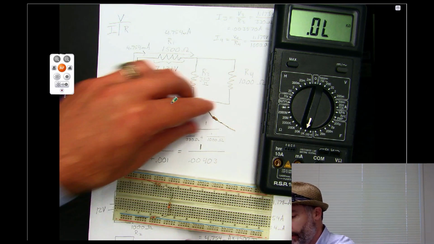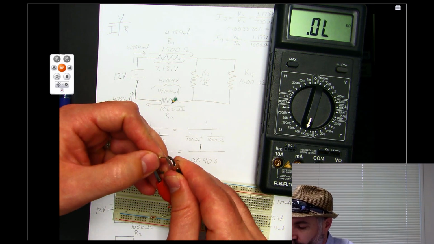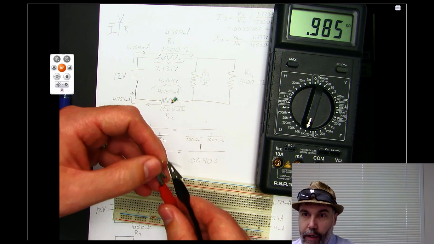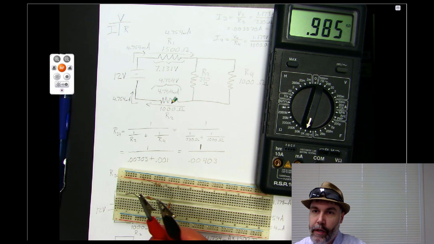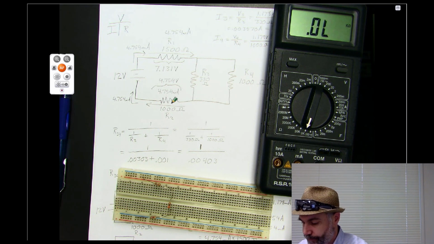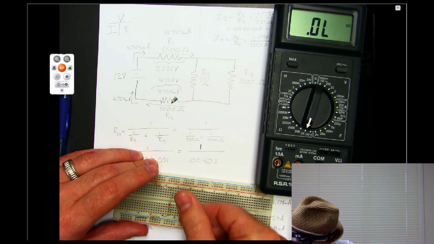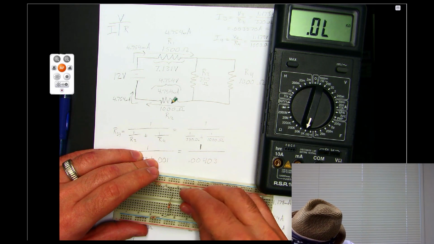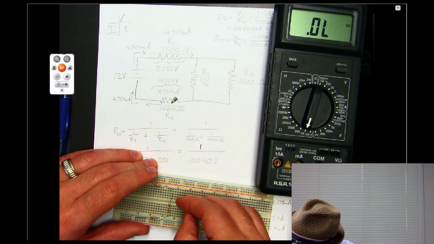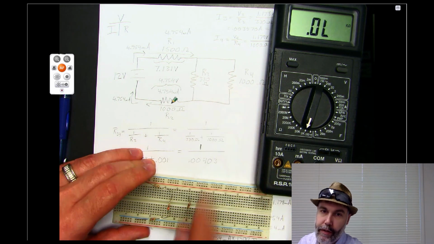So let's check that. I'll grab these two leads with my meter, and it comes out to be 985 ohms, okay? So pretty close to 1,000. So I'm going to put that over here on the right-hand side of my board, just like it's on the right-hand side in the diagram.